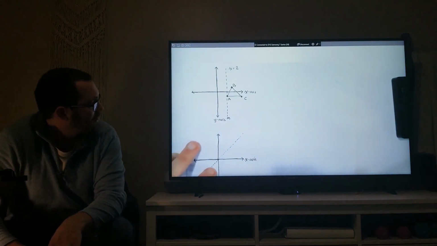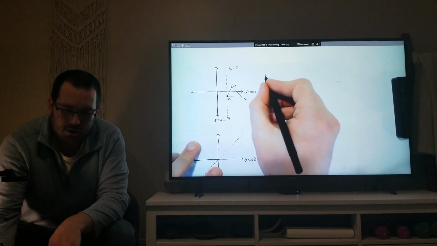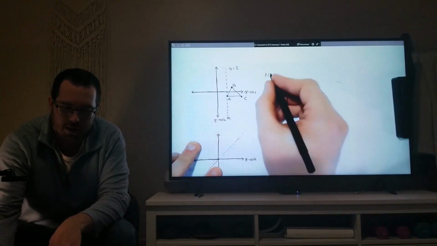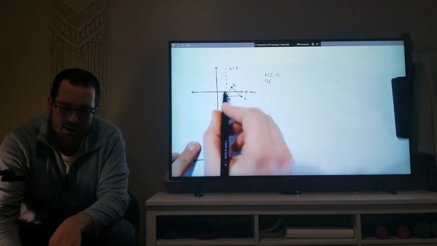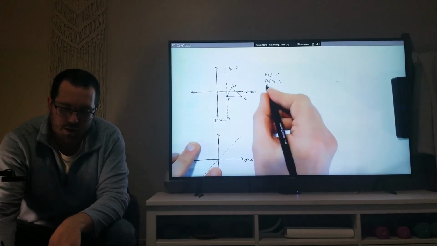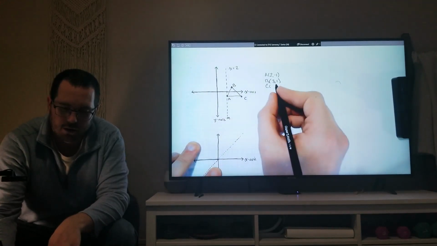And we're going to try to see how those reflect in that particular mirror line. So point A right now is at (2, -1). Point B is at (3, 1). And point C is at (5, -1).